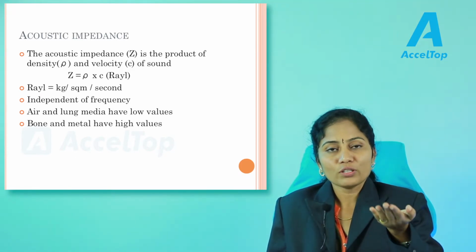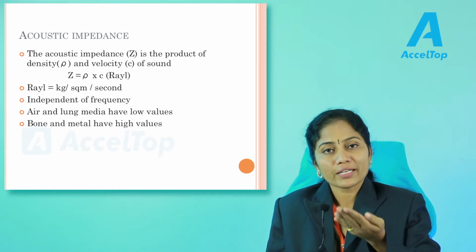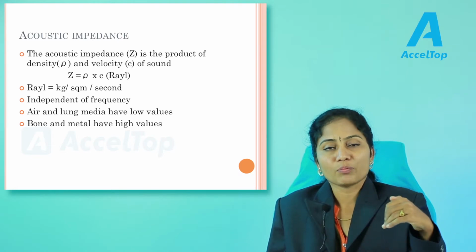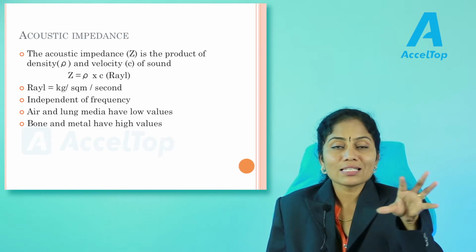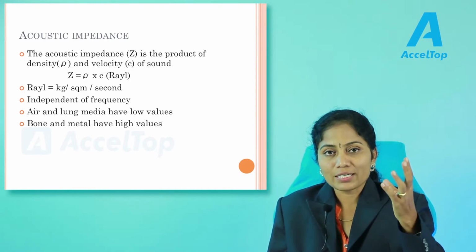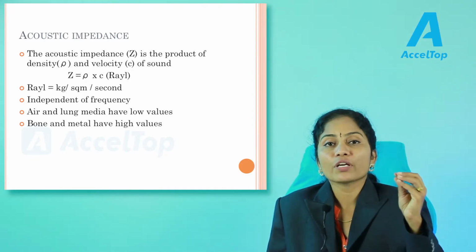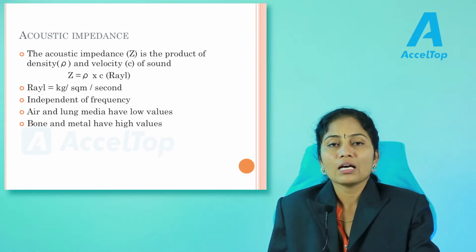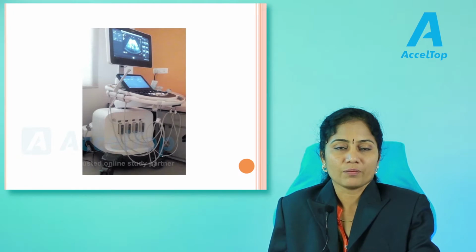So in bone and metal there will be higher acoustic impedance, and in lungs and air the acoustic impedance will be lower. There is a compound relationship between all these things that we need to understand before choosing which frequency probe to use. That's why I am telling the basic concepts in this ultrasonography section.